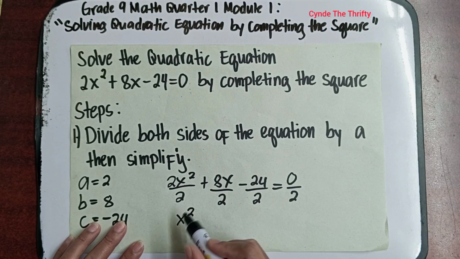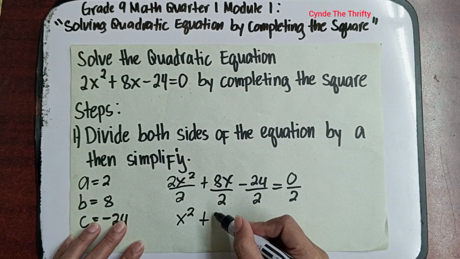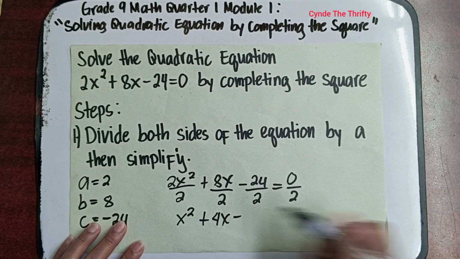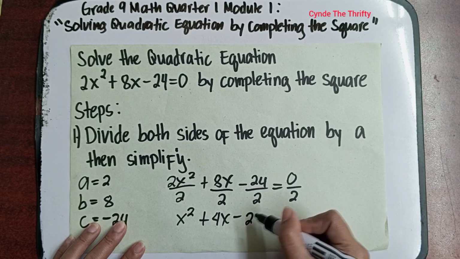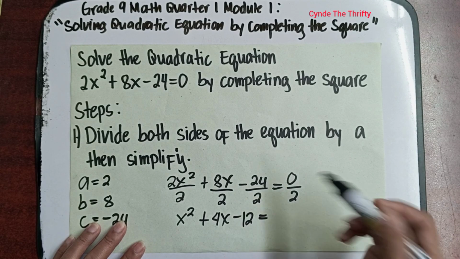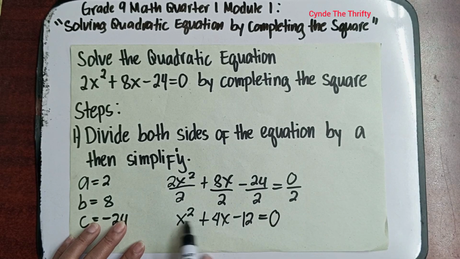So, si x squared na lang yung naiwan. Plus, 8 divided by 2 is equal to 4x. Minus, 24 divided by 2 is 12. Is equal to 0 divided by 2 is equal to 0. Okay, so ito na yung equation natin: x squared plus 4x minus 12 is equal to 0.